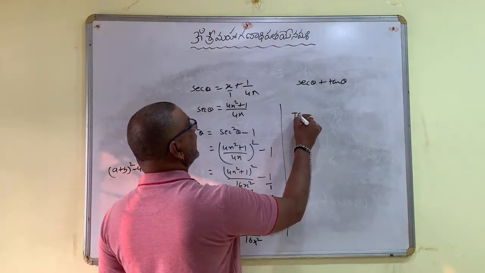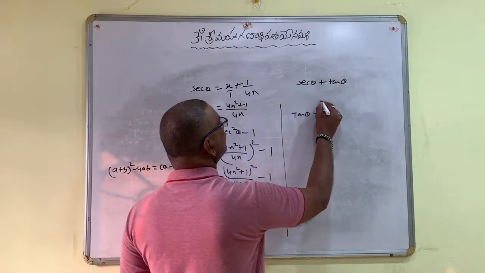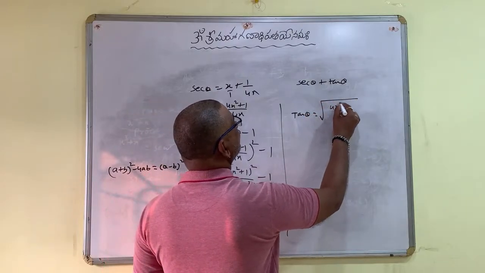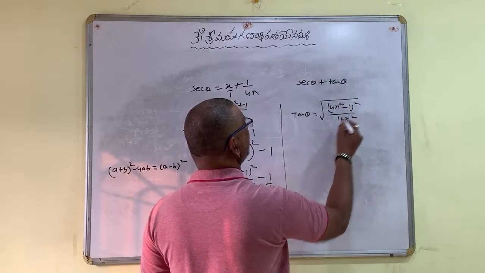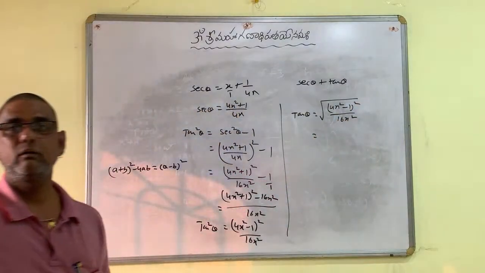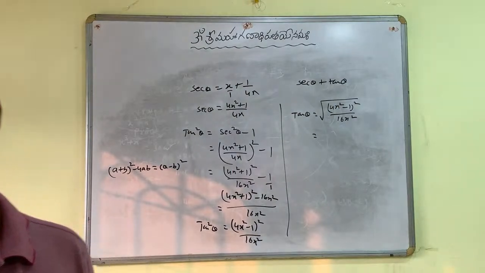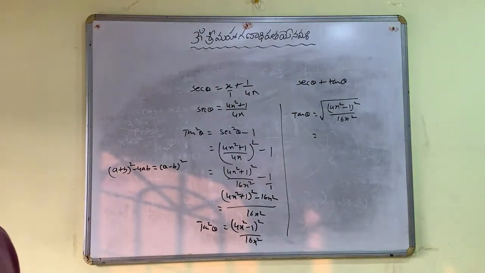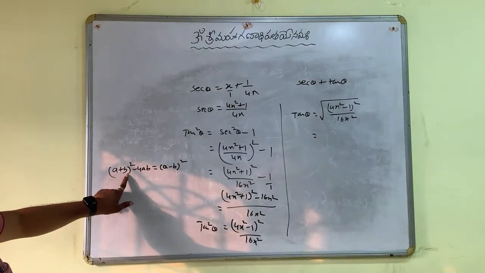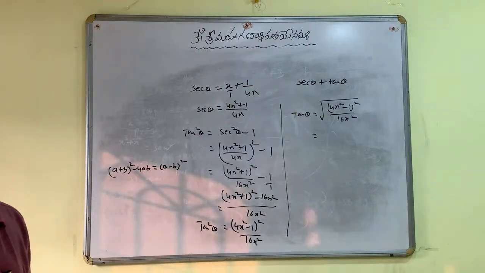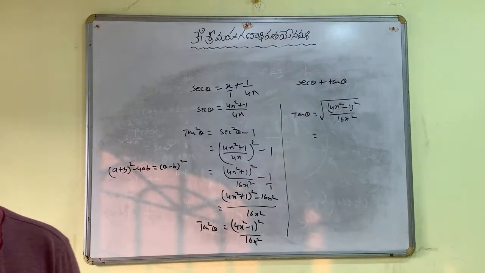Now, tan theta is equal to root over 4x square minus 1 whole square by 16x square. Look at the formula here, not a square minus b square: a plus b whole square minus 4ab is a minus b whole square.